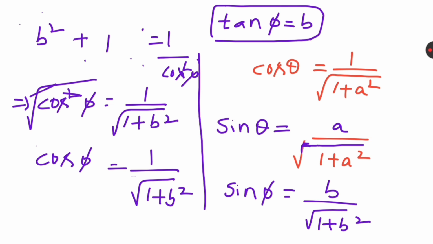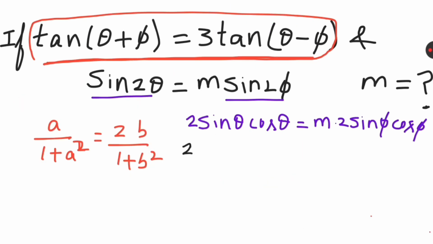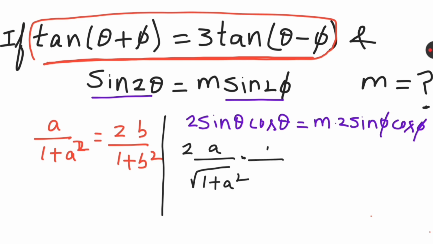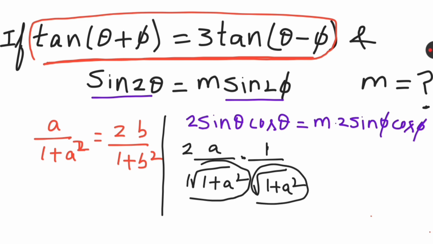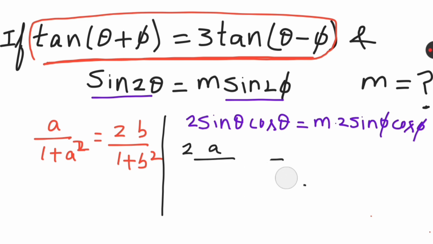Let's substitute these sin theta, cos theta, sin pi, cos pi values here. 2 times, what is sin theta? A over square root of 1 plus a power 2. What is cos theta? 1 over square root of 1 plus a power 2. Observe the denominators: we have square root of 1 plus a power 2 and square root of 1 plus a power 2. If you multiply, we get only 1 plus a power 2.